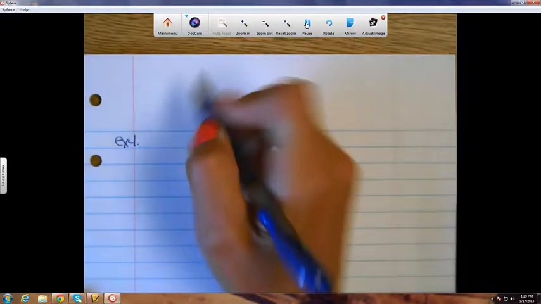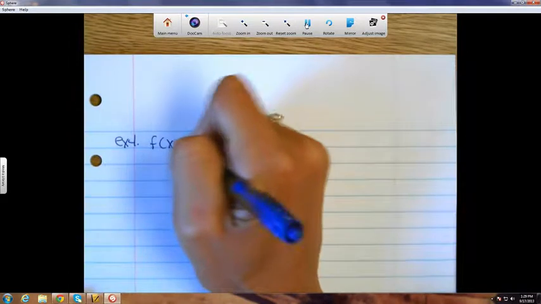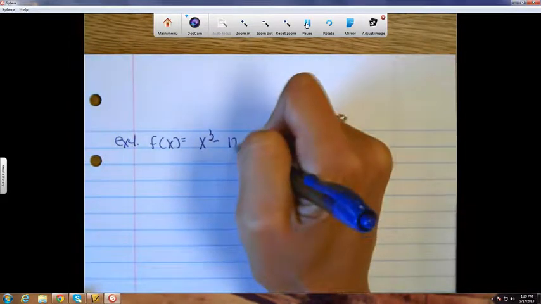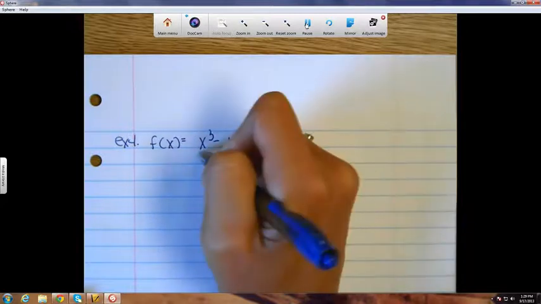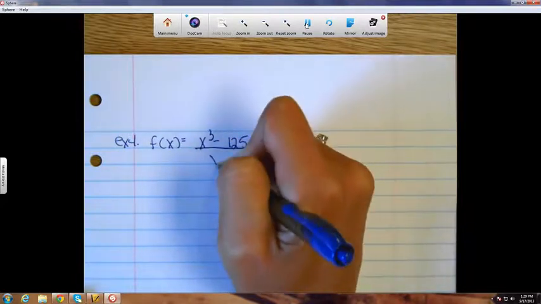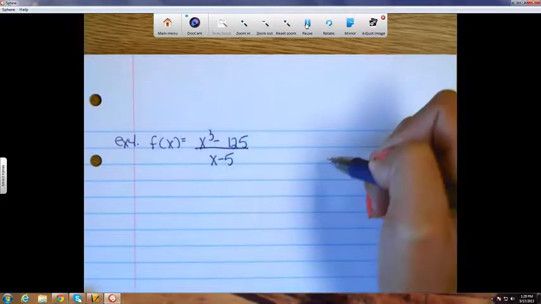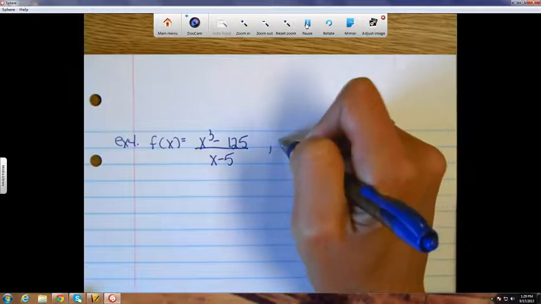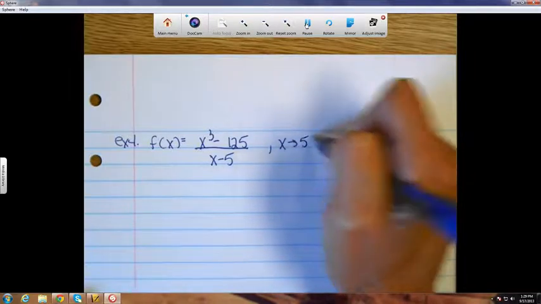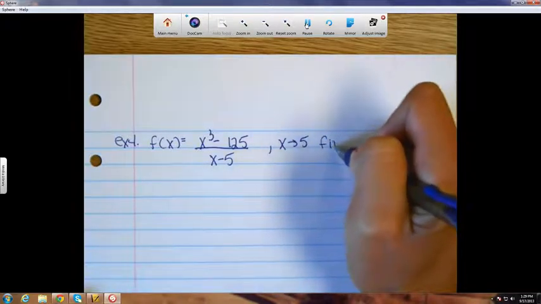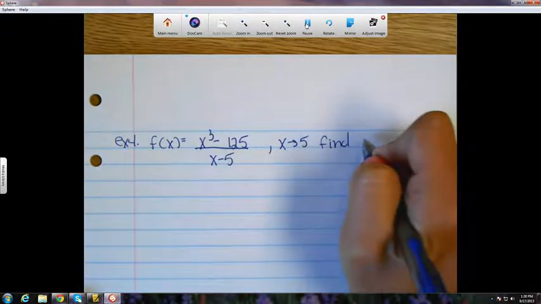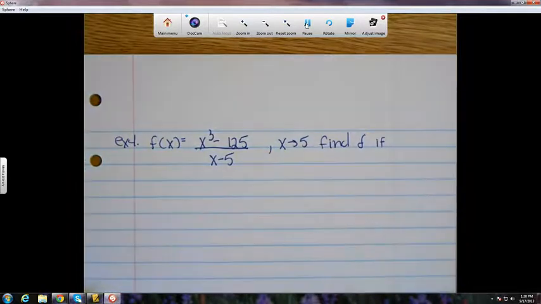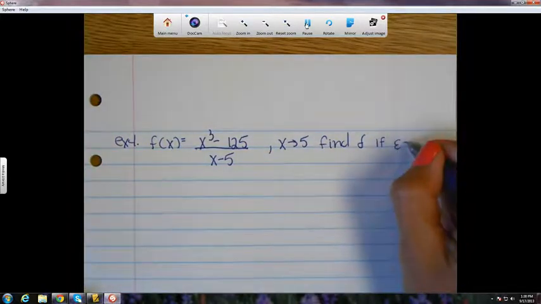If f of x equals x cubed minus 125 over x minus 5, as you approach 5, can you find the delta if the epsilon equals 0.1?